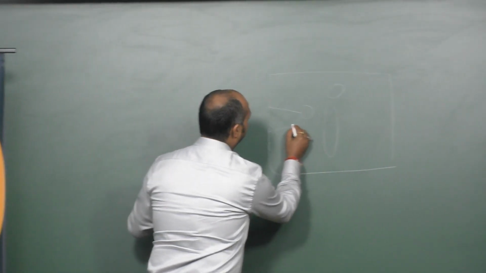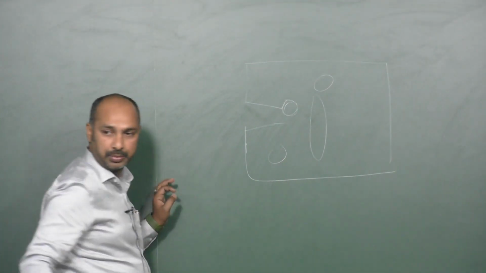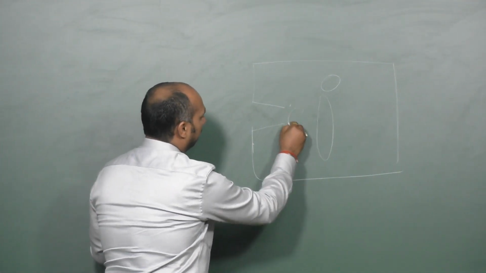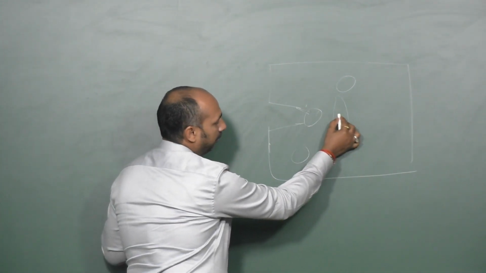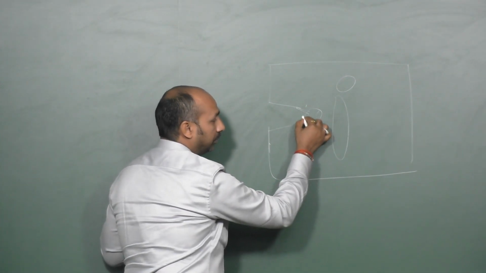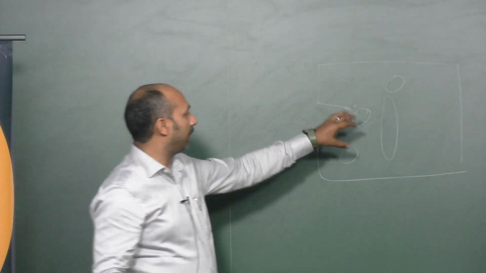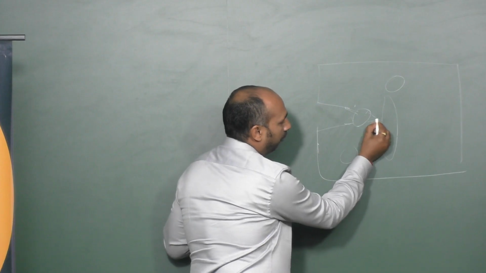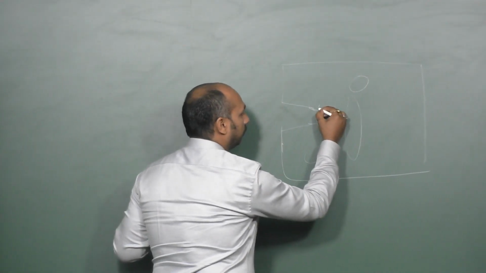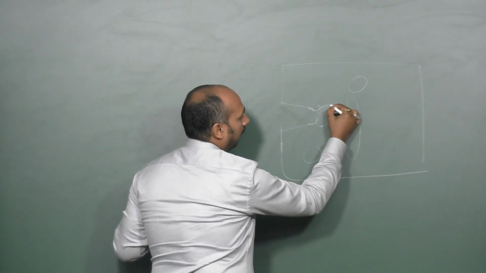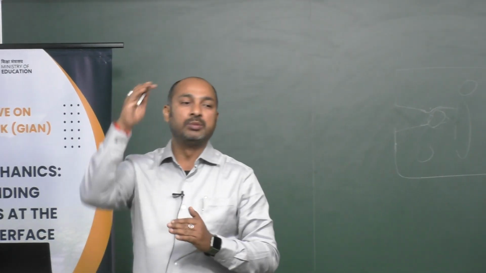Once the crack comes here, it gets bridged by this particle, and the crack will not be able to go this far, because the energy of the crack is absorbed by this particle, and it can go only up to here if it is bridging. If it is crack deflection, the crack has to get deflected like this and then go, so again its energy is absorbed by the longer travel.